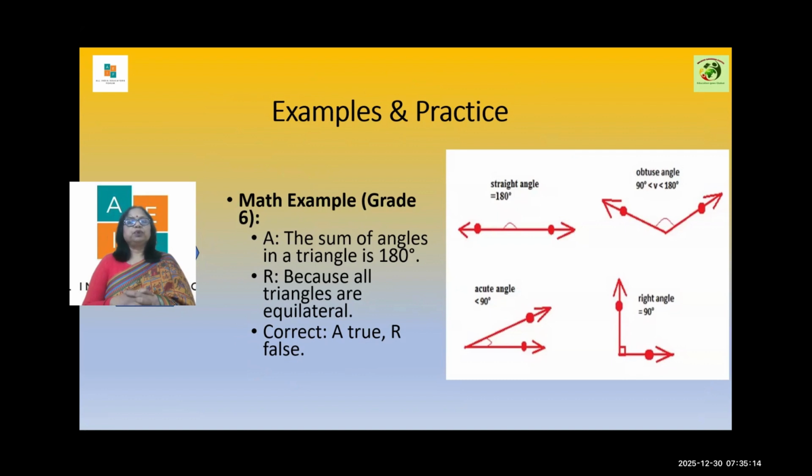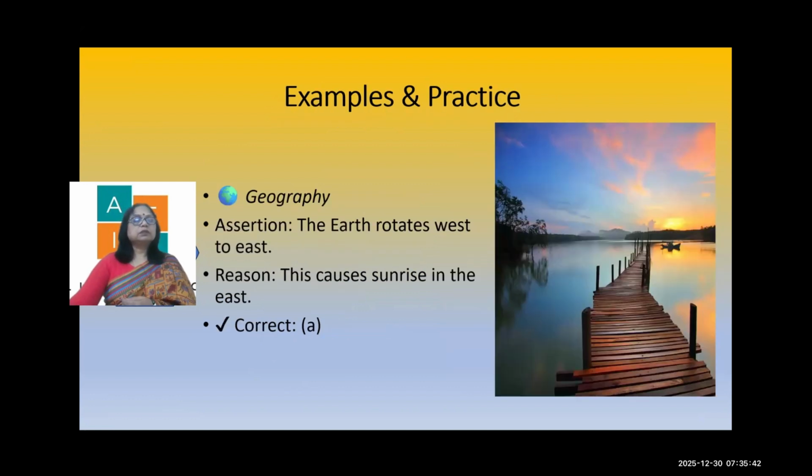Now coming to the next, a maths example from grade 6, which says the sum of angles in a triangle is 180 degrees. The reason is because all triangles are equilateral. But here you can see, educators, that A is true, but R is false.